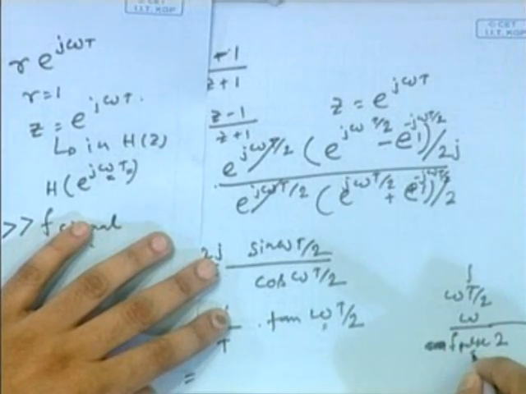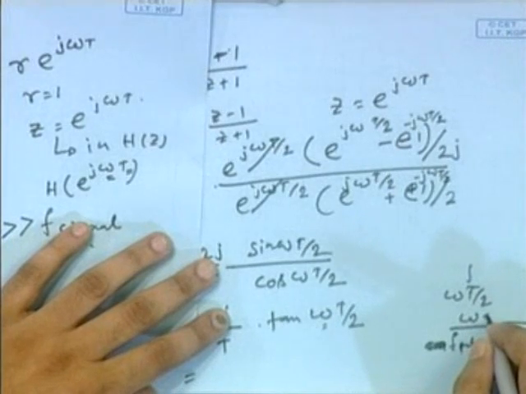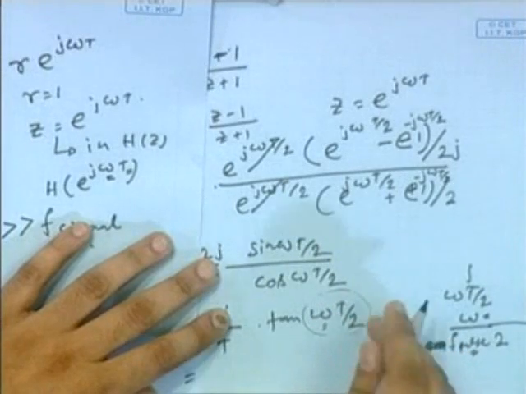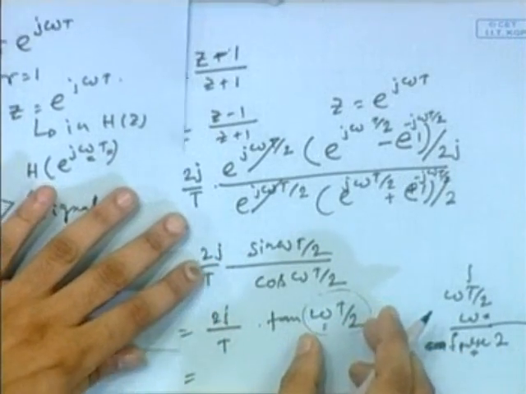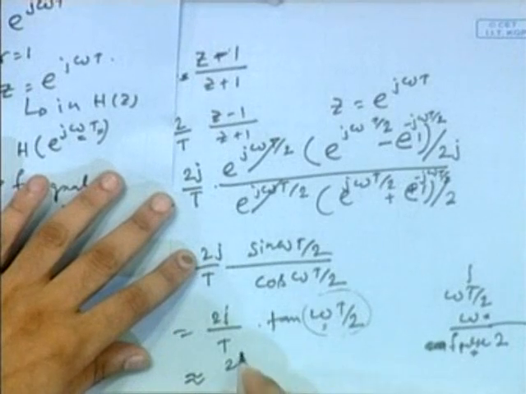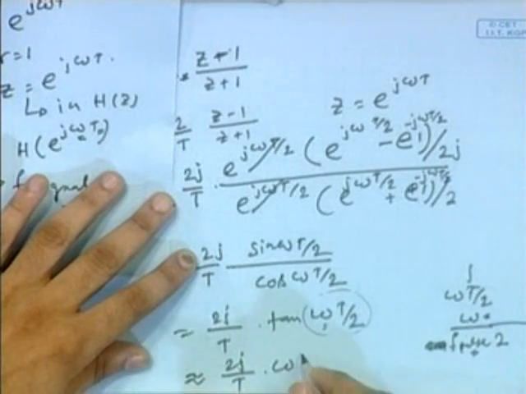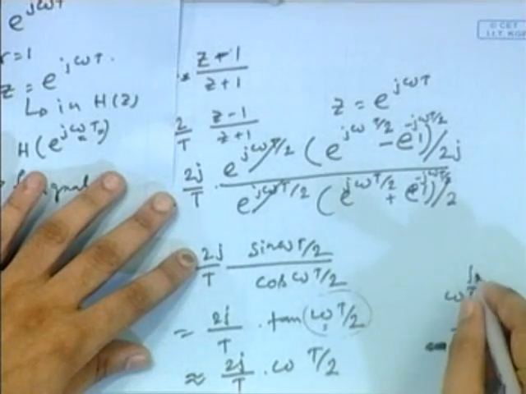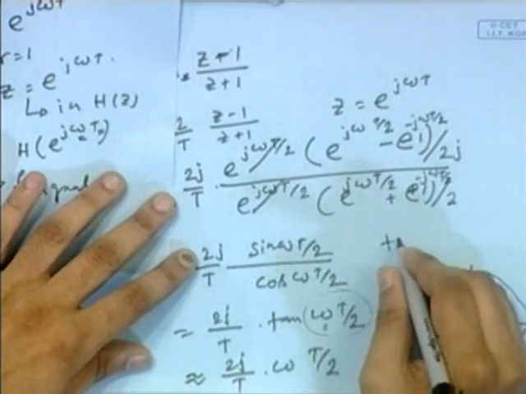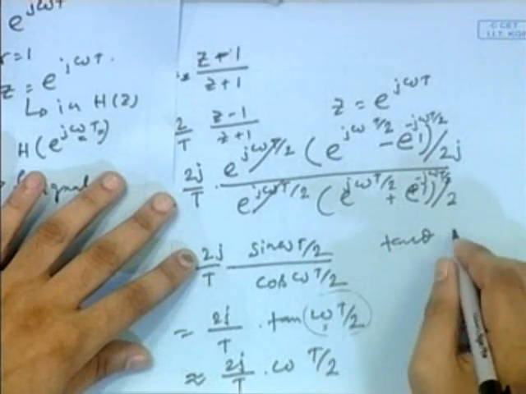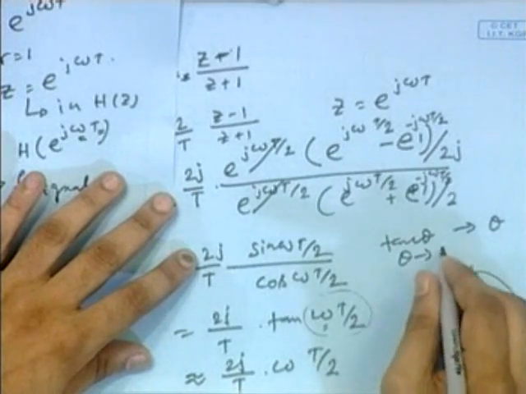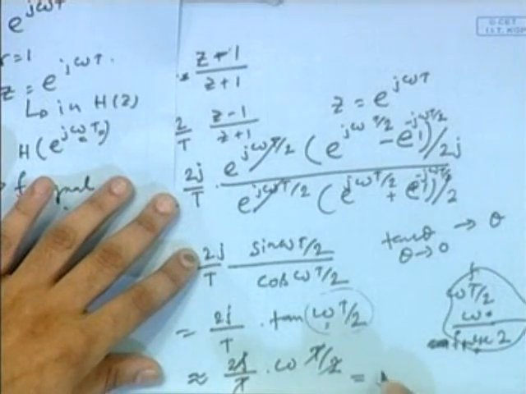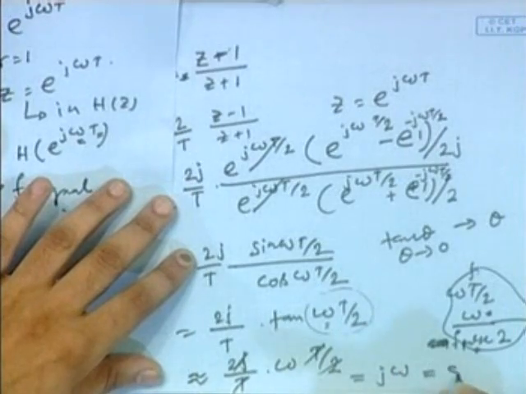Now this is much greater than this one, so this amount is very small. So we can approximate 2j by t into omega t by 2, like tan theta tends to theta as theta tends to 0. Now we can cancel these two, and this is equal to j omega, that is equal to s.